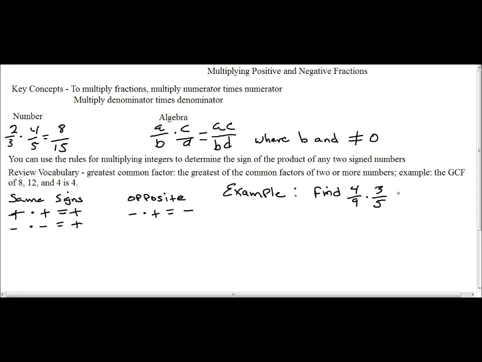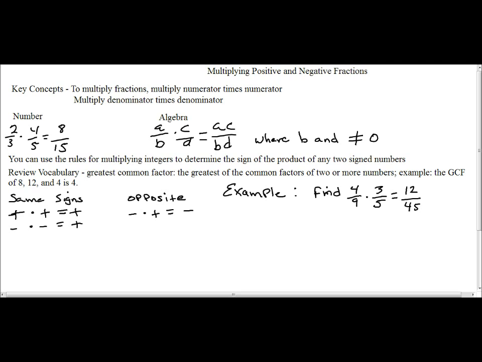Okay, so 4 times 3 is equal to 12, and 9 times 5 is 45. And now we can look for a GCF, our greatest common factor.